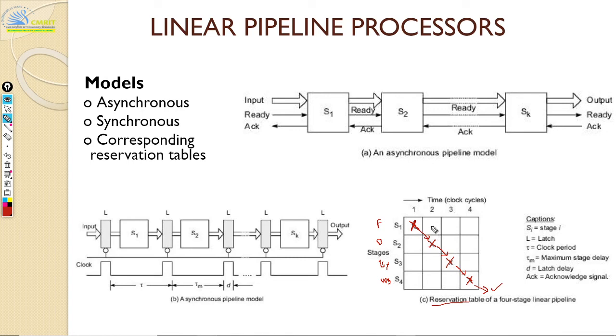I can give it something else, I can give y, and then y can be passed on to the next guys. So this gives us an idea who is busy and who is not. So that is your reservation table. Clear?